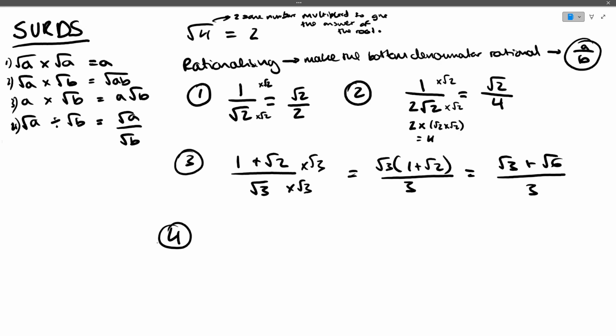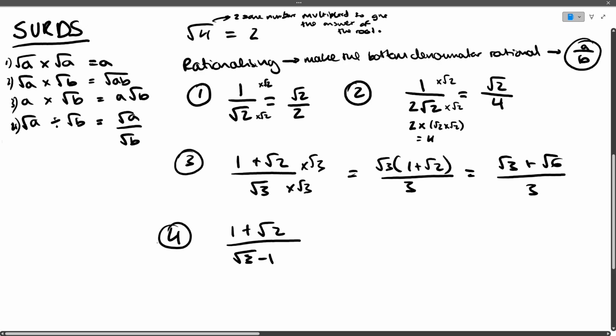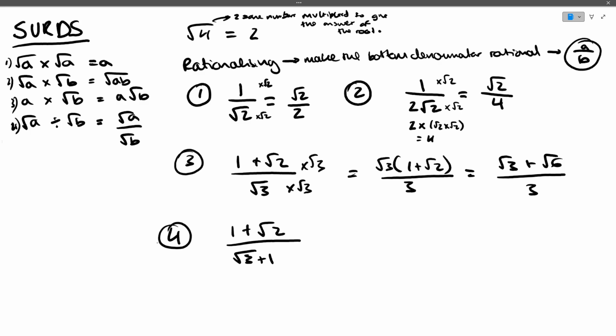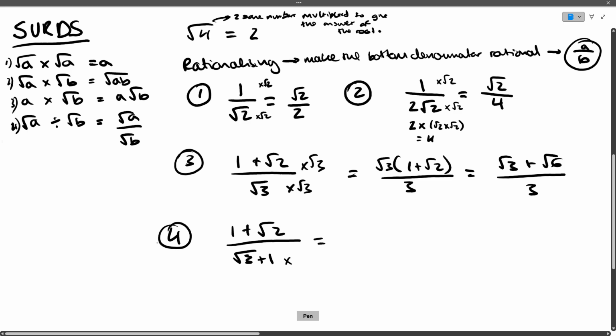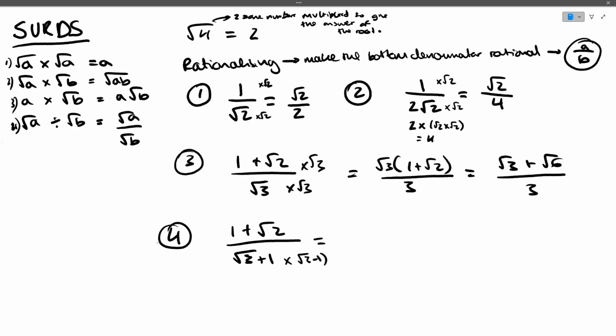Another common type of question, which goes harder than this, is 1 plus root 2, and then we'll do something like root 3 minus 1, and plus 1 for now. What we do here is times this by the opposite, times by root 3 minus 1.